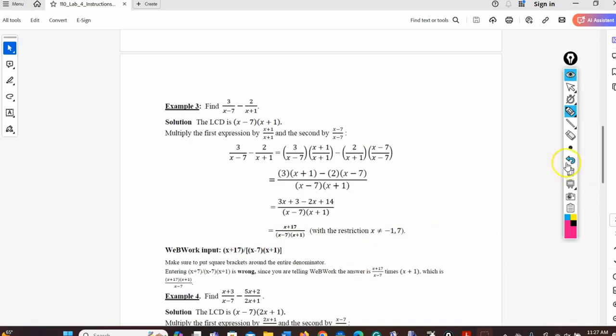So again, if you're not getting the correct answer, it could very well be that you had the correct answer on your paper written out on your calculations, but you didn't type it into WebWorks correctly. And that's when you need to click on that blue email instructor button.